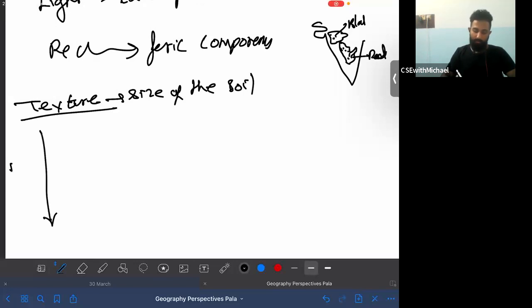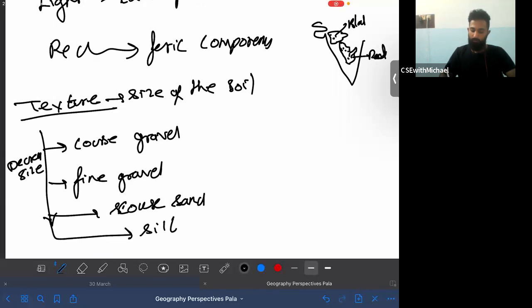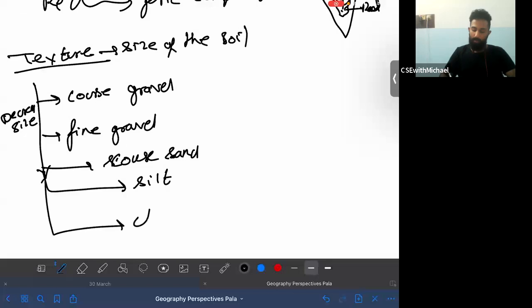Based on decreasing size, the soils could be coarse gravel, large size soil, fine gravel, coarse sand, silt, and clay. So these are the four or five categories. Now coarse gravel would be the largest, and the size decreases. The coarse gravel will be like gravel.